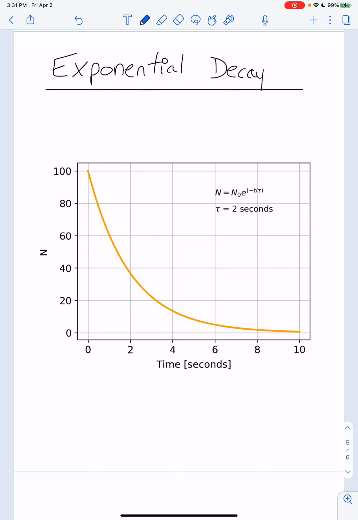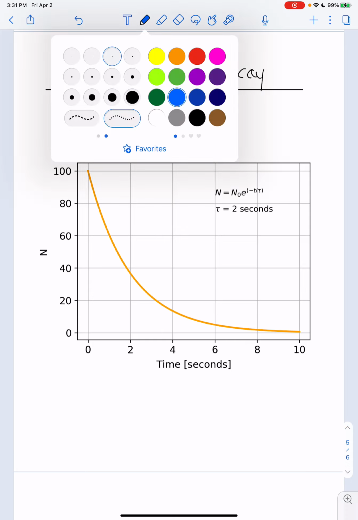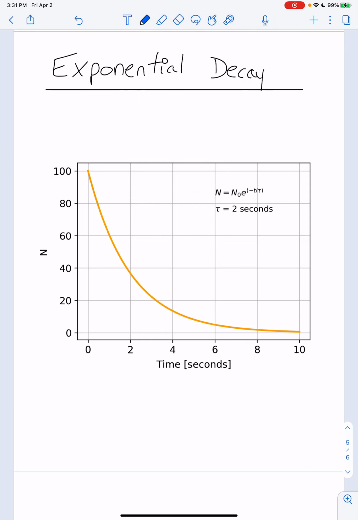Well, it's 2 seconds. That's written on the plot. And so tau is here, then this is going to be 2 tau at 4, and 3 tau at 6.